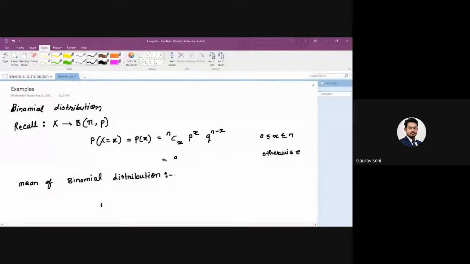How do you define the mean for a random variable?